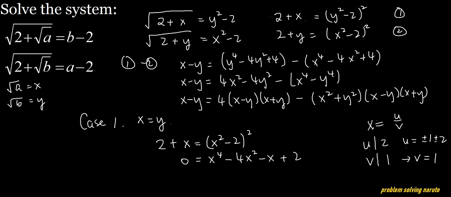And luckily, if you just look at the system, you can just by trial see that if a is 4 and b is 4, there is a solution, that means x equals 2 is a solution.